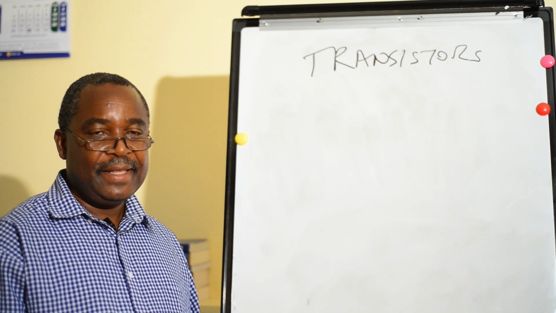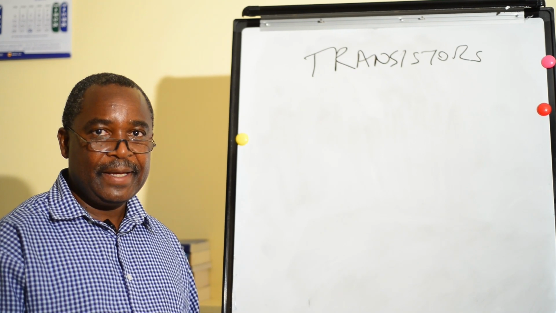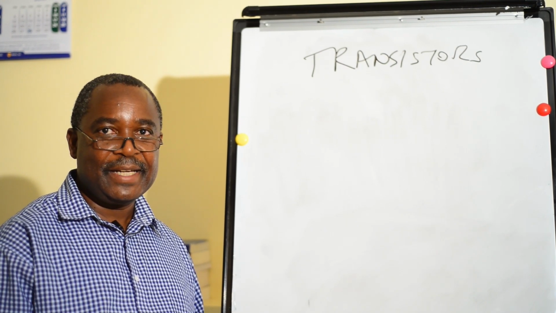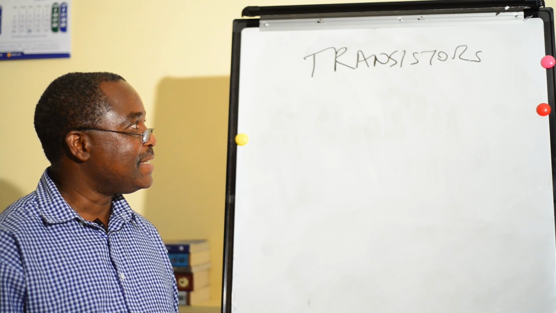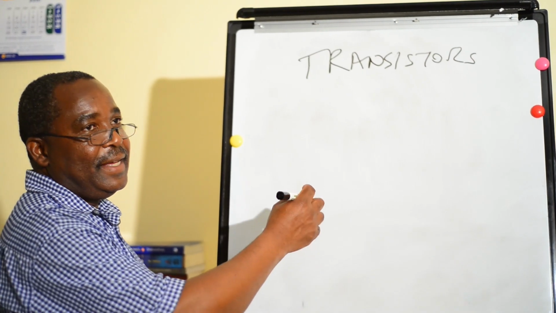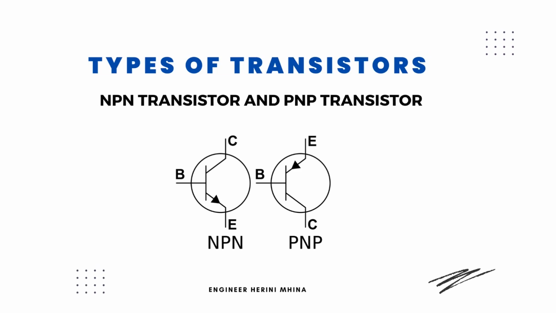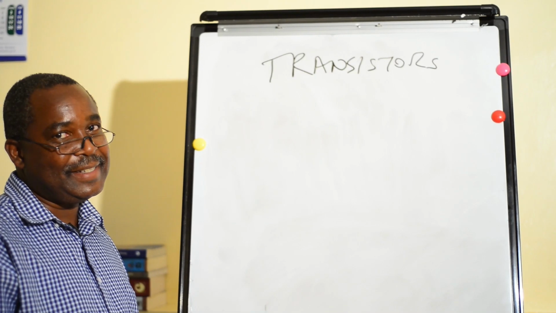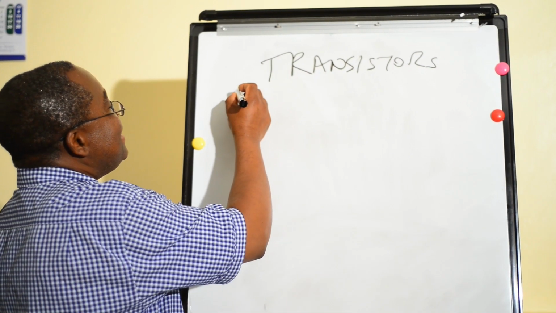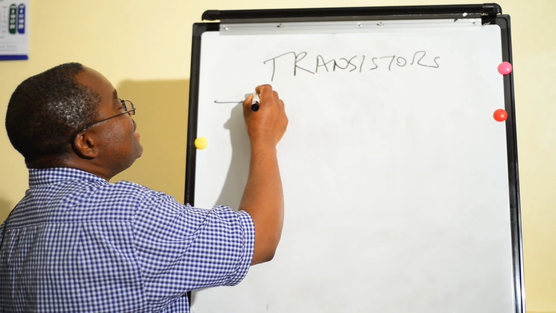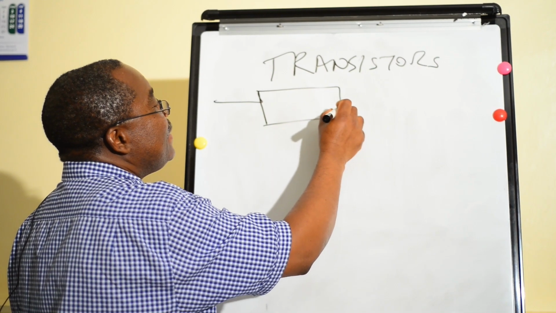So let's see the electrical symbols and the representation of a transistor. As I said, we have 2 types of transistors, NPN and PNP. Let's see the NPN transistor. It is drawn in this way.